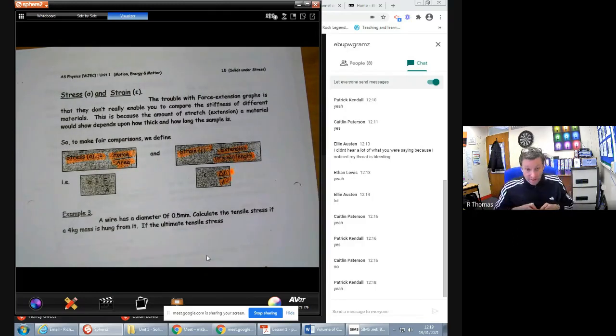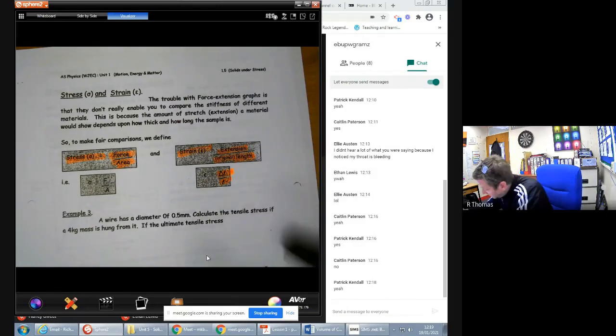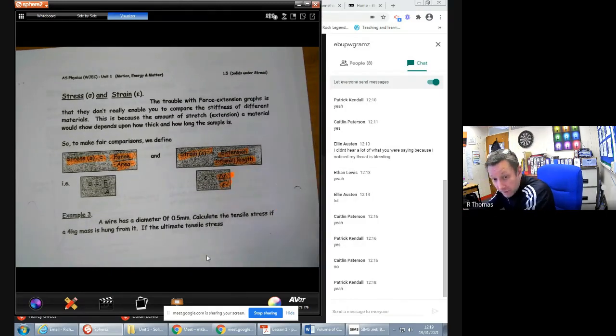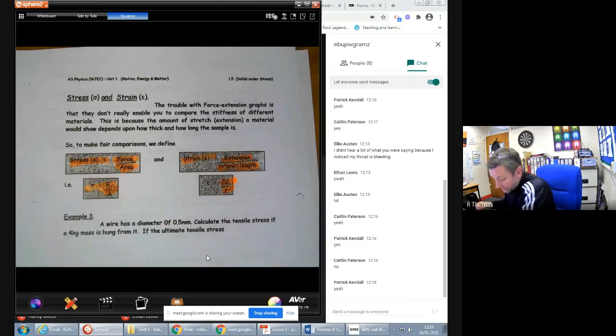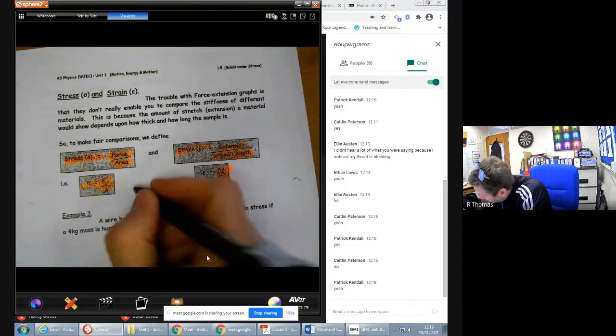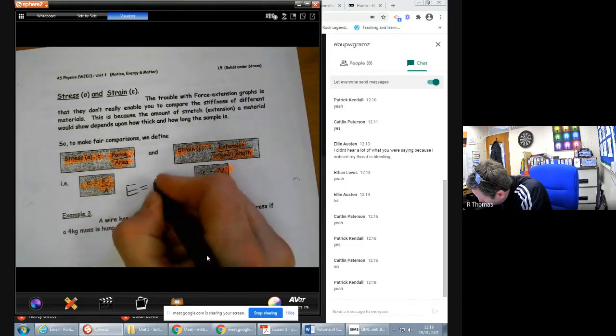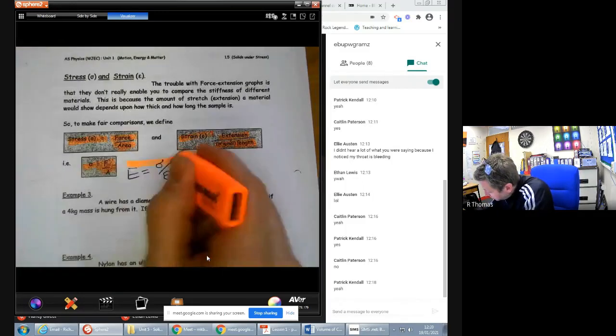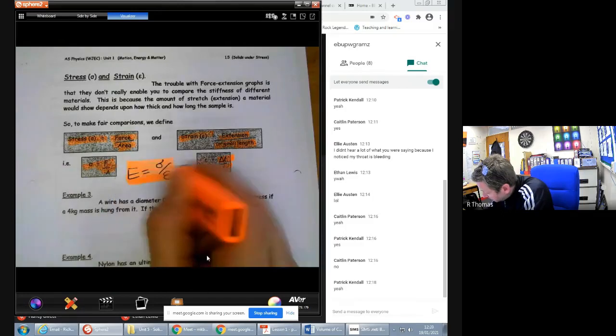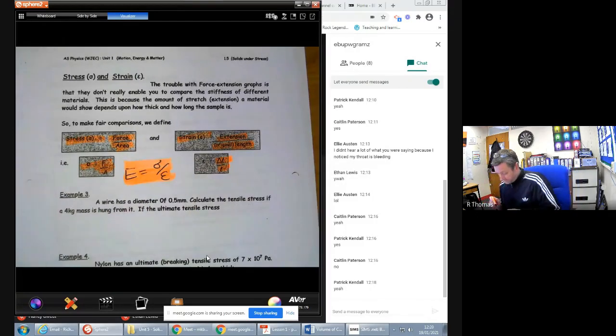You'll know it from your maths lessons, and it means a change. So delta L means a change in length, which is obviously just another way of saying the word extension. Sigma is F over A. And then don't forget the Young's modulus, E, is stress over strain, right? So that's just repeating it all again. The more we say it, the more likely it is to stick.